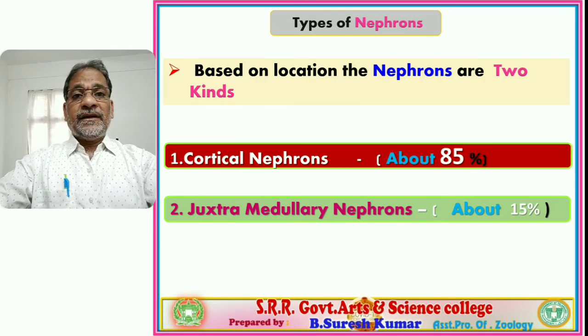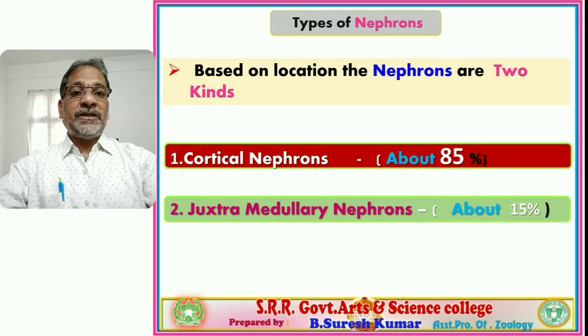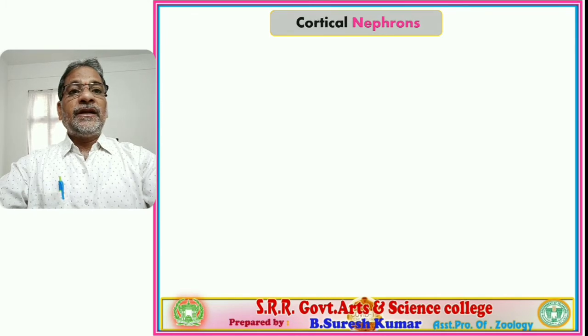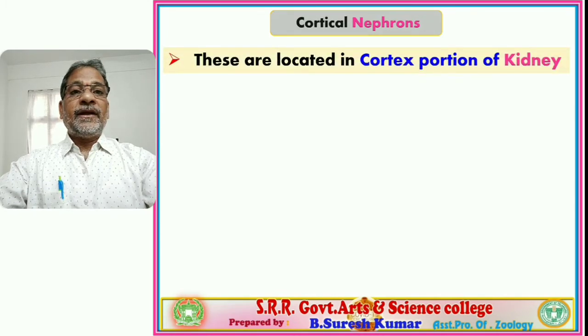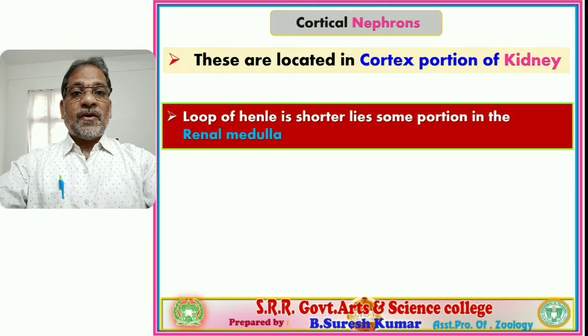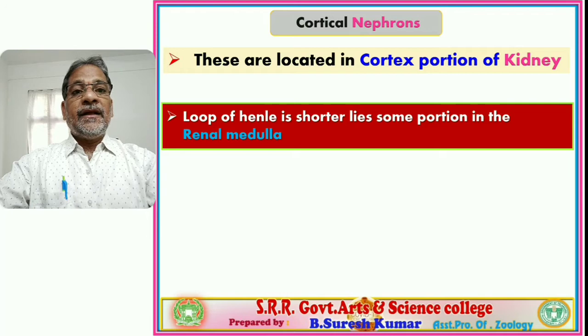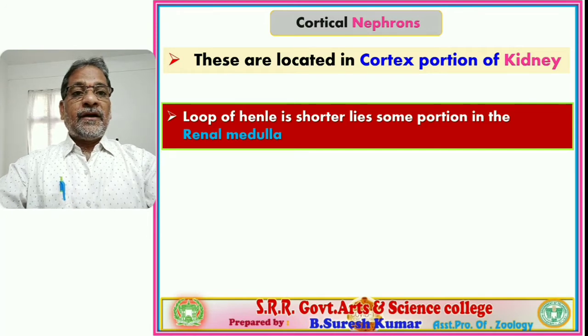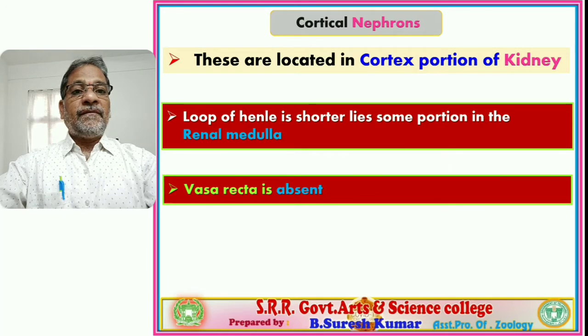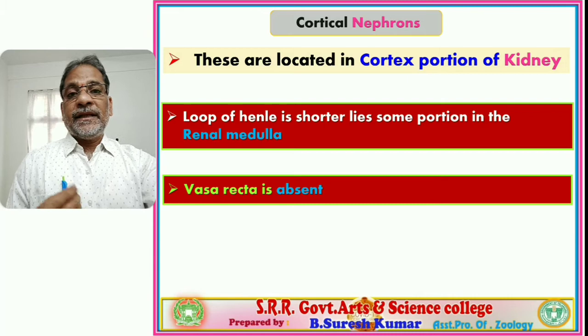If we observe their organization, their structure, they show some differences. Allocation is different and their structure also has a little bit of variation. So first about cortical nephrons, these are located in the cortex portion of the kidney. The loop of Henle of cortical nephrons is too short and lies some portion in the medulla region and some portion in the cortex region.